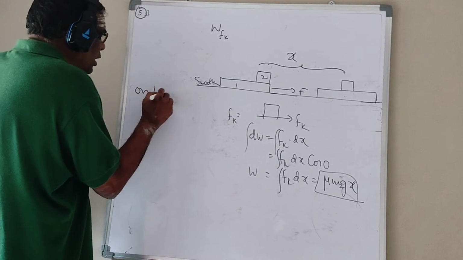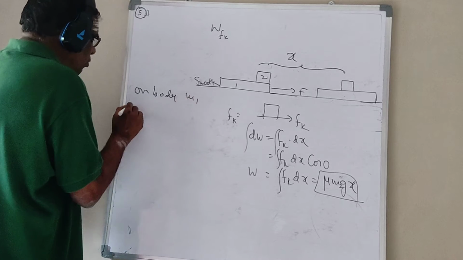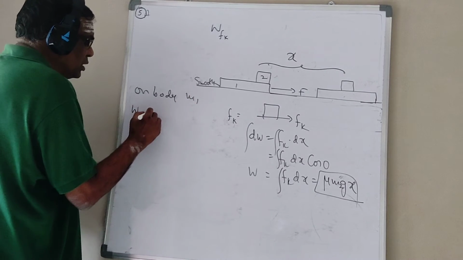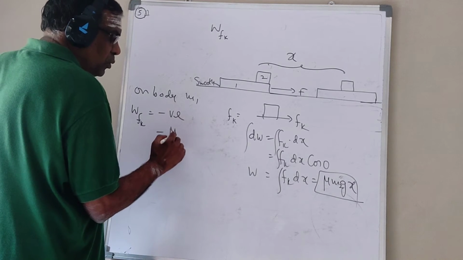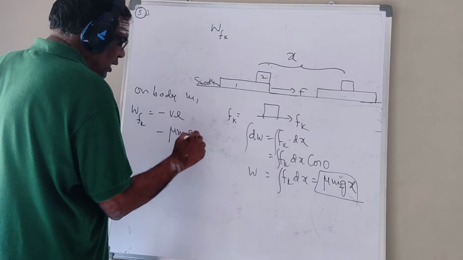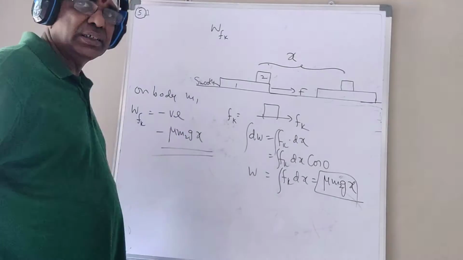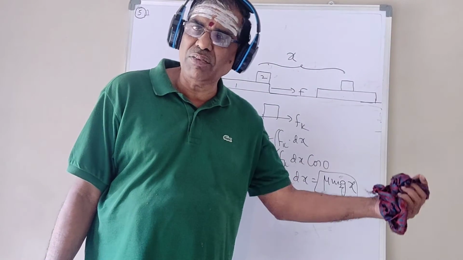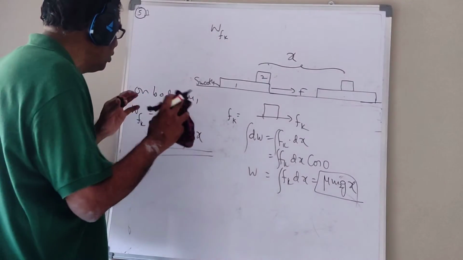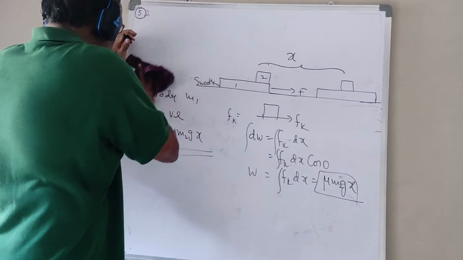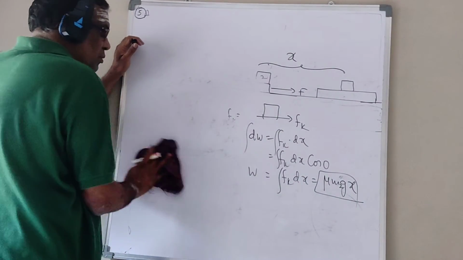On body M1, work done by kinetic frictional force is negative, and that is mu M2 g x. In the same case, you have got a positive work done and a negative work done. You have to be very, very careful in giving these kind of things. Okay?